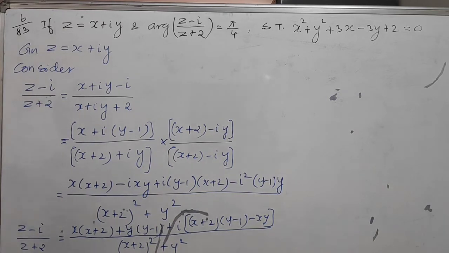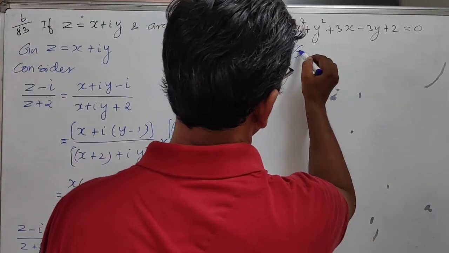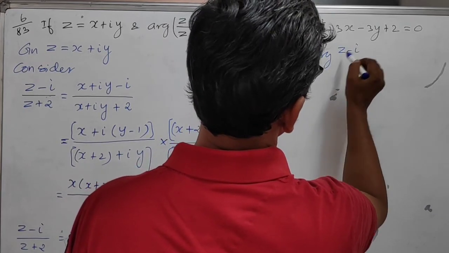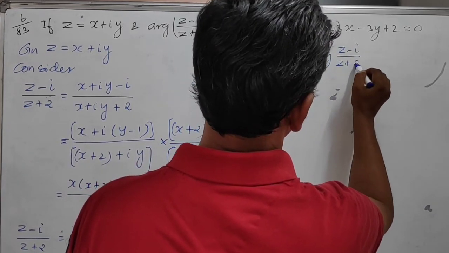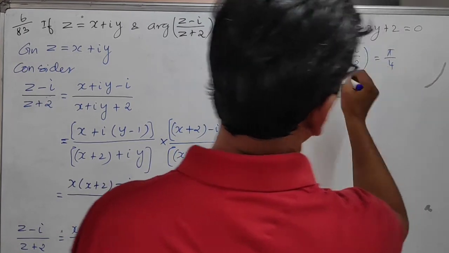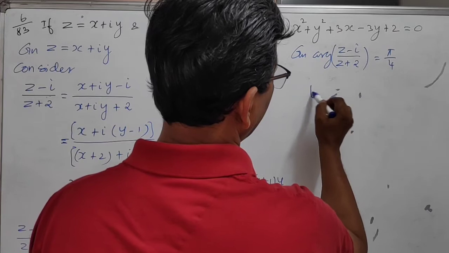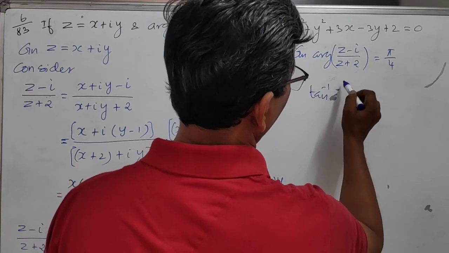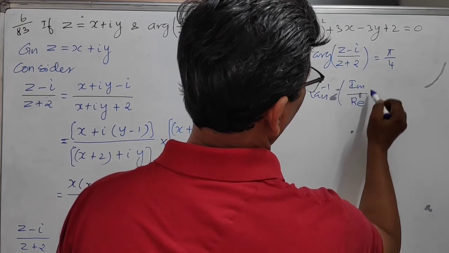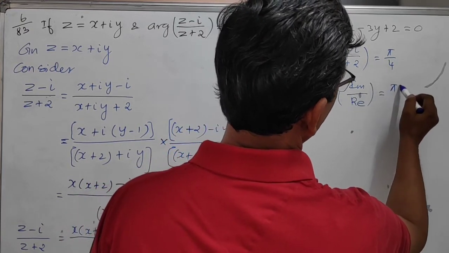Also given, the argument of (z minus i) by (z plus 2) is equal to pi by 4. The argument of any complex number is tan inverse of the imaginary part by the real part, which is equal to pi by 4.